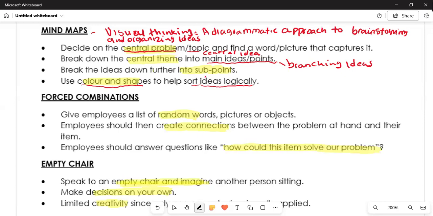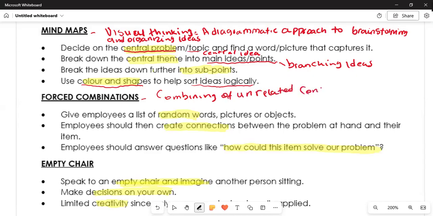combinations. Force field combinations is the combining of unrelated concepts.